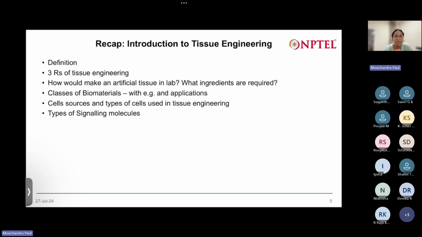Very briefly, tissue engineering is an interdisciplinary field where the principles of life science and engineering are used together to make something useful that has a biological function, which you can use to improve tissue function, repair tissue, or regenerate it. From this definition we come to know the 3 R's of tissue engineering.